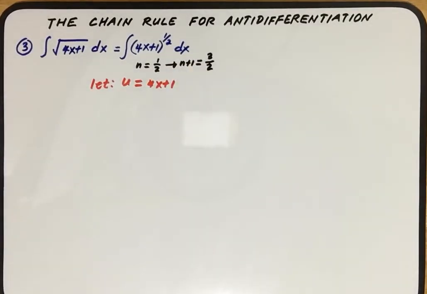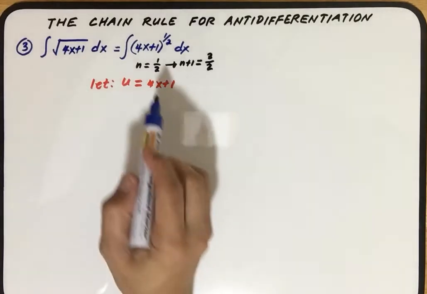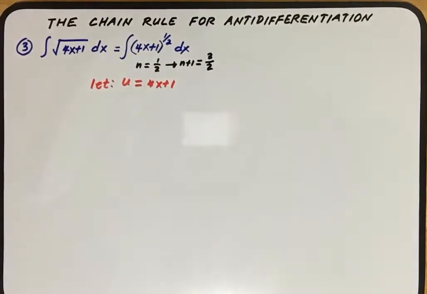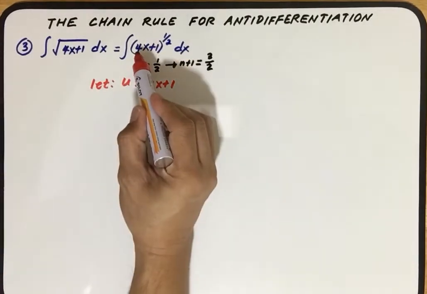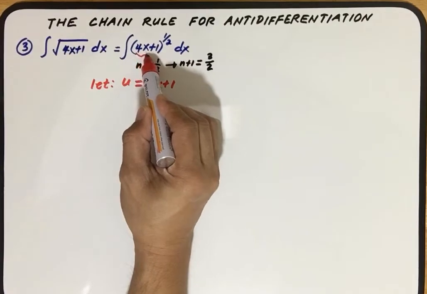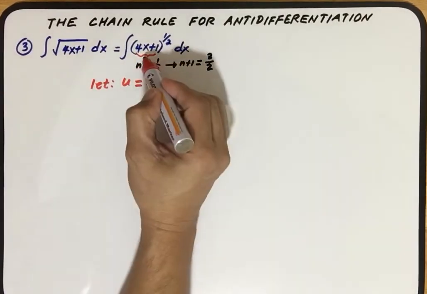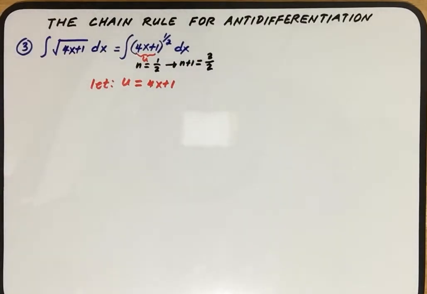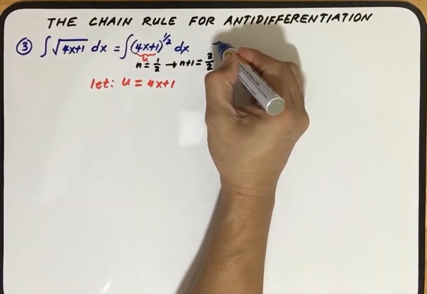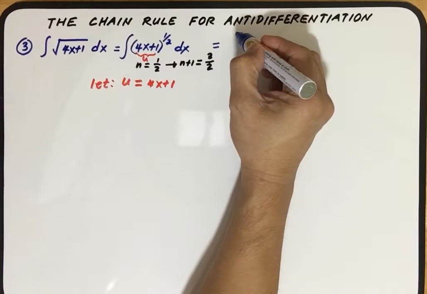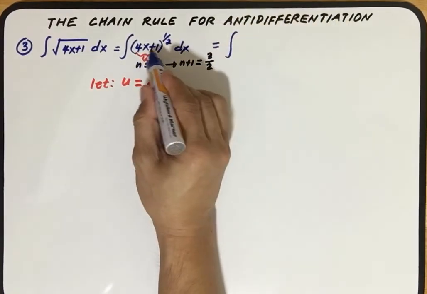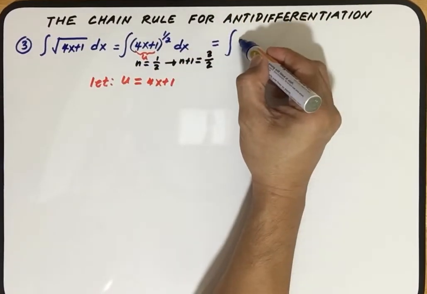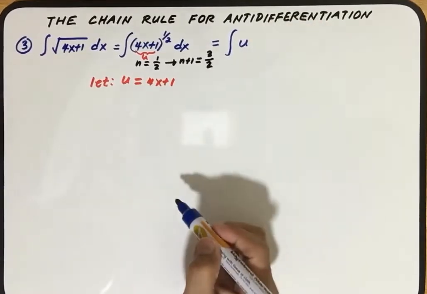Alright, since we let u equal to 4x plus 1, meaning this one here, we let this as our u. So therefore we can now rewrite the given integral as the integral of, instead of 4x plus 1, we use u, because we let that equal to u.